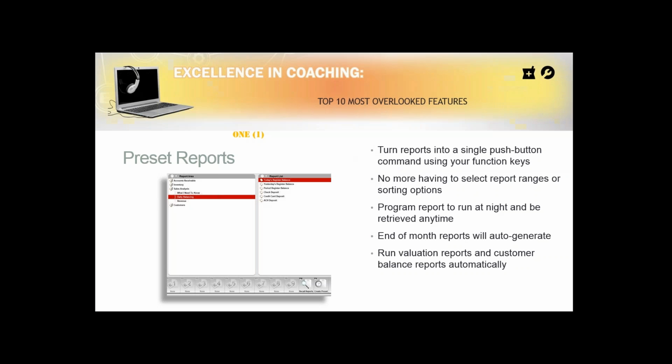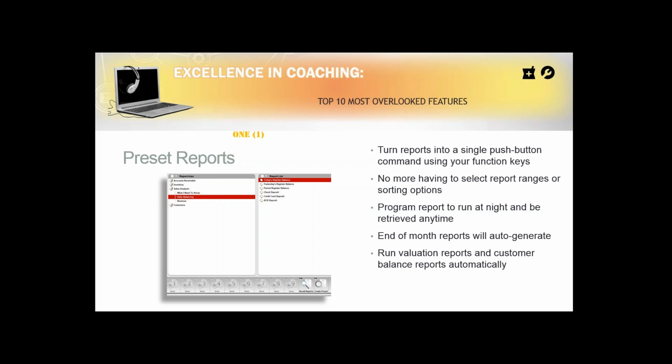Let's talk about the first of the most overlooked features. Some time ago, we came out with a hot button for reports. So you can basically create preset reports and just hit a hotkey to go into them. Your daily balancing report, for example, your revenue report, the inventory valuation report, as well as other reports that you run at the end of the month.